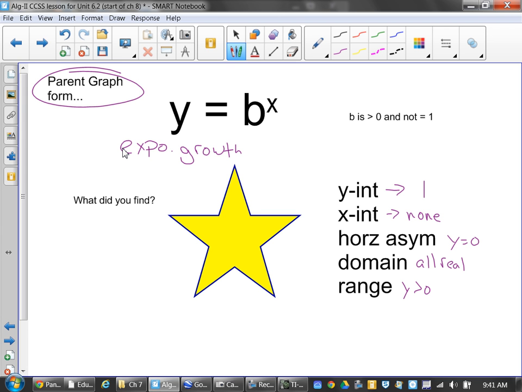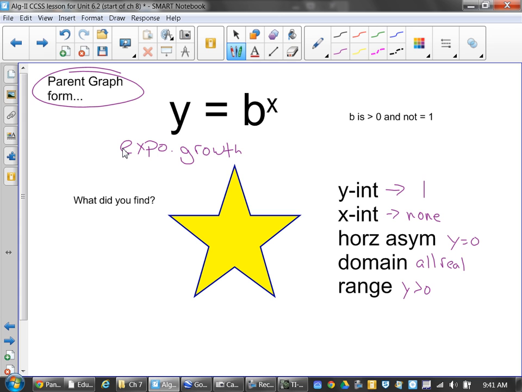Granted they're all going up like this, it's not approaching some boundary on one side. It's not bounded on the right side. There's no right side boundary, so there's no vertical asymptote. It's always continuously increasing in this case. All right, does that make sense?